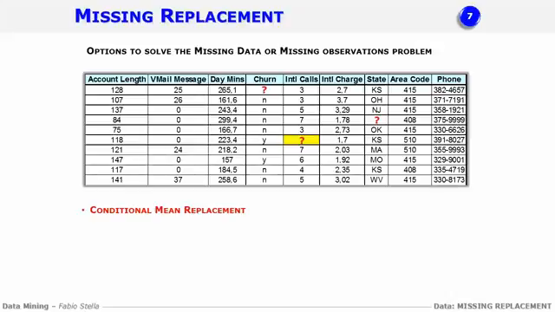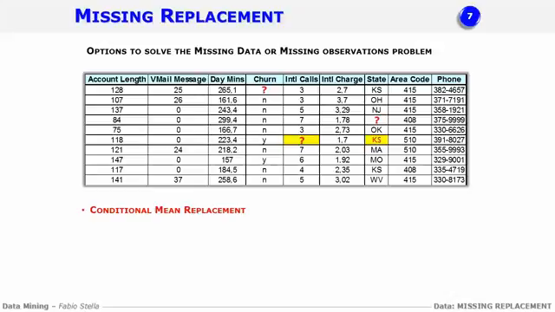When the attribute whose missing value has to be replaced is suspected to depend on other attributes of the available dataset, a cleverer option than mean replacement and mode replacement can be used. These options go under the name of conditional mean replacement.